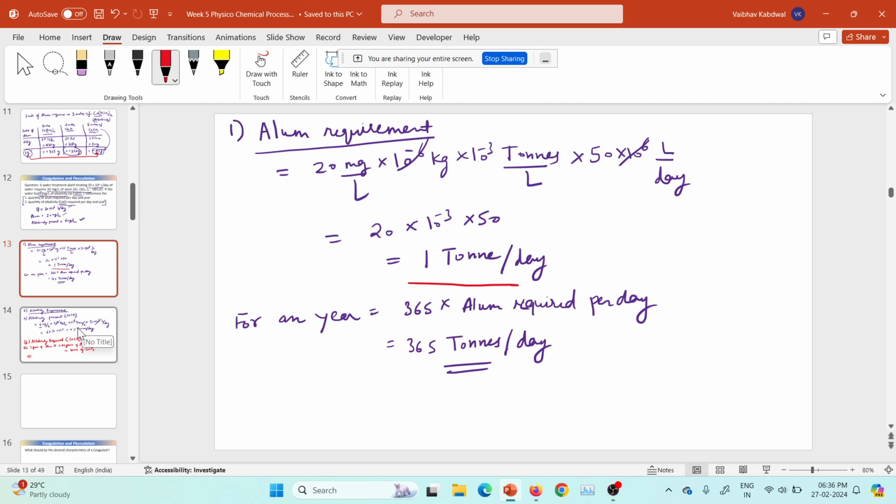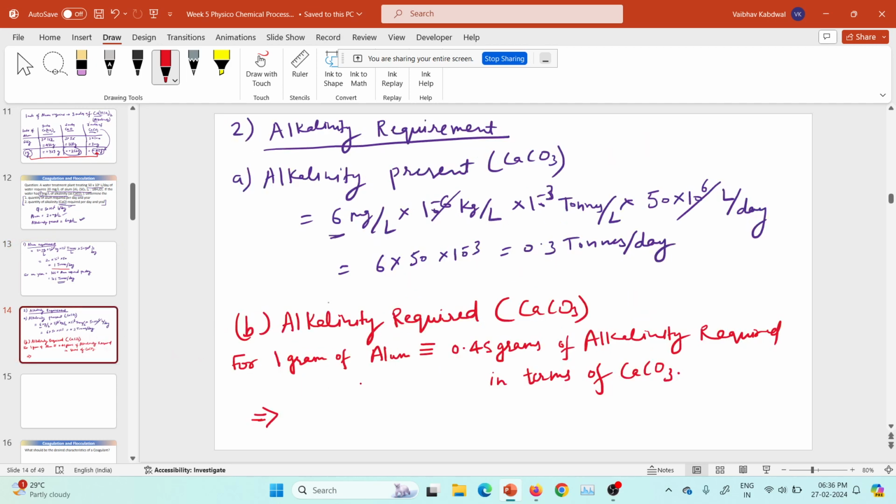So we can directly say that for 1 ton, 0.45 tons of alkalinity is required in terms of CaCO3. This is correct. So 0.45 tons of alkalinity is required per day.